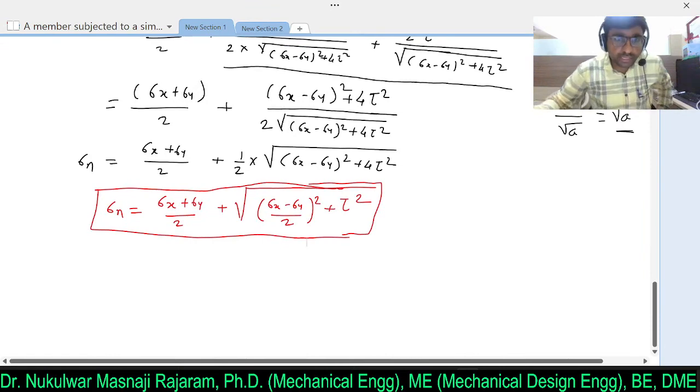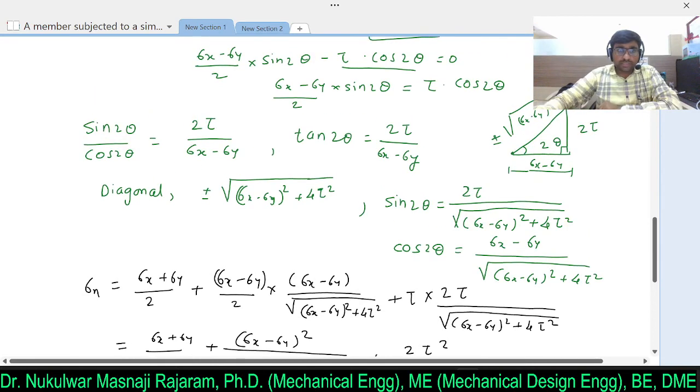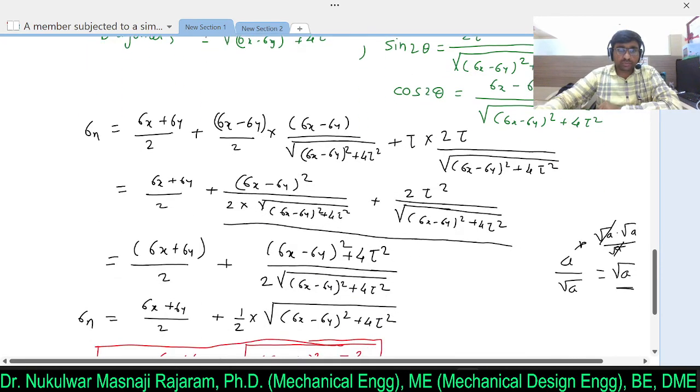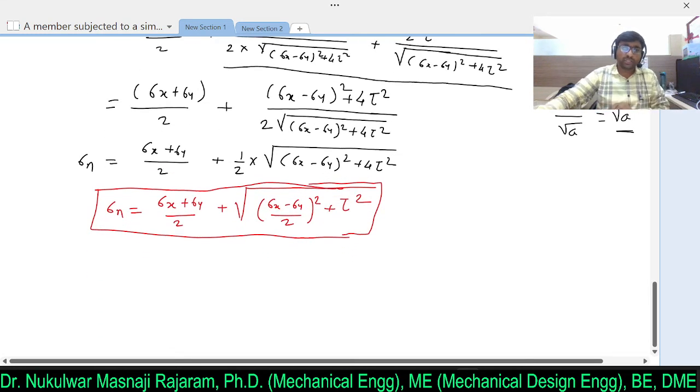Now if you observe, the diagonal was plus or minus, so everywhere I forgot to mention, this is plus or minus, again this is plus or minus. So I can rewrite this as plus or minus under root of this entire expression. Now in the previous lecture also I mentioned there are two types of principal stresses, major principal stress and minor principal stress.